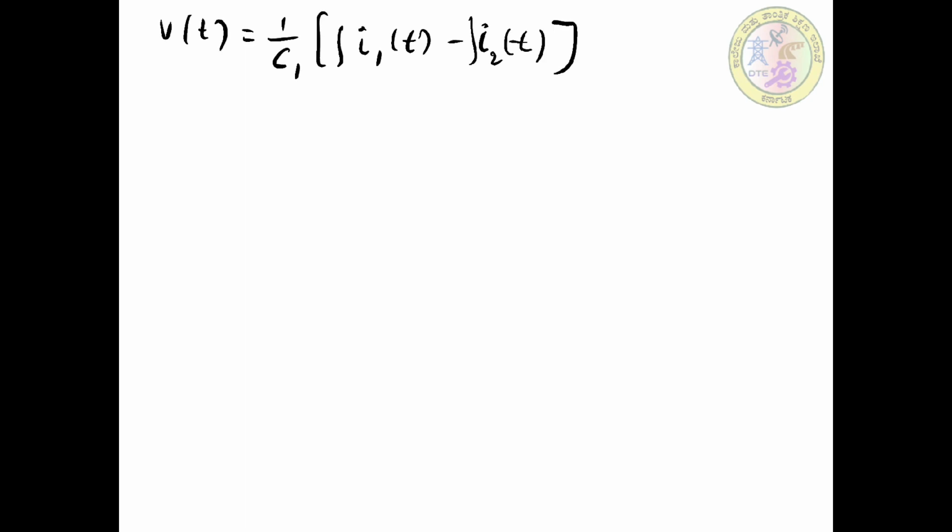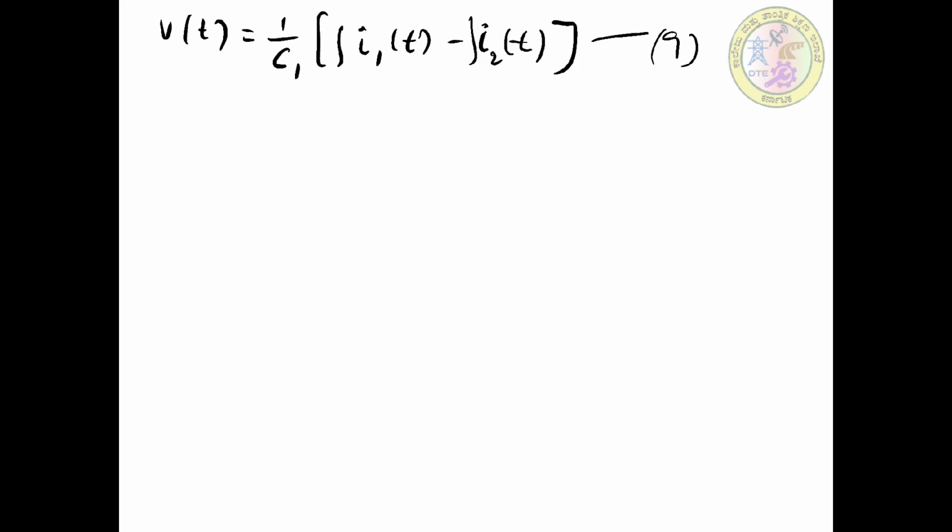Before drawing the analogous circuit, once again I will take these two last equations. V of t is 1 by C1 into integral of I1 of t minus integral of I2 of t. This was the first equation, equation 9.